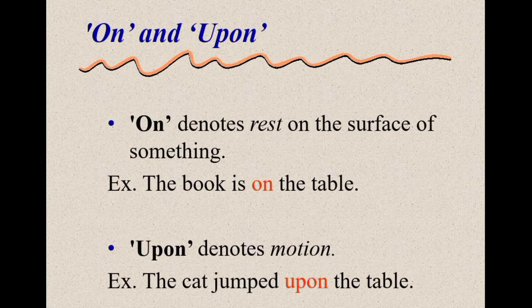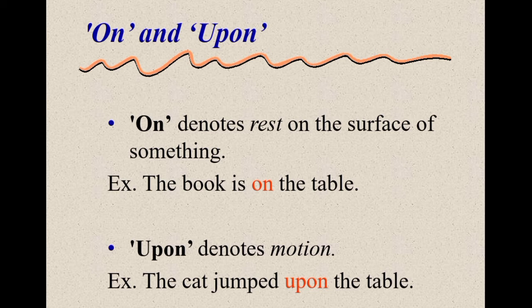Now on and upon. So what are the prepositions on and upon? On denotes rest on the surface of something, means while a particular thing exists on a surface, then we use the preposition on. And upon denotes motion. It's the same thing as we have seen in and into. So on means the thing rests on the surface of something.